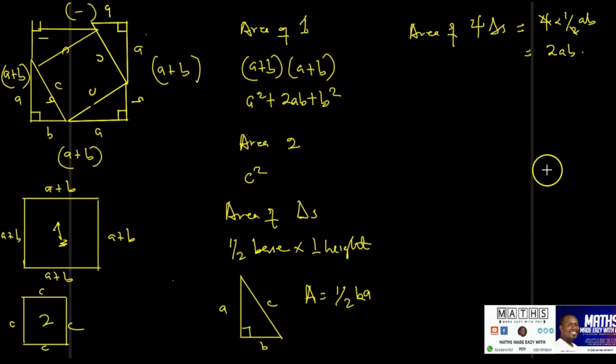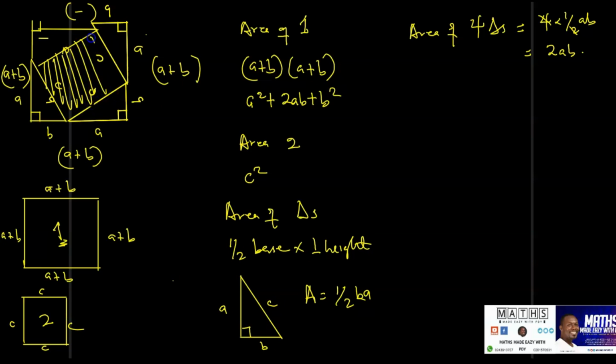Yes. So now watch something here. We've seen that the area of this first square is A squared plus 2AB plus B squared, right? And then the area of the square here is that. So if I may ask you, if a given structure is like this, and then now you want to find, let's say, the shaded area here.